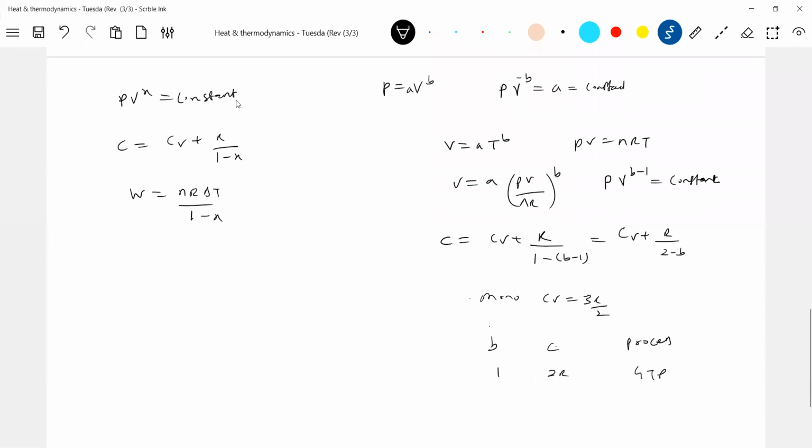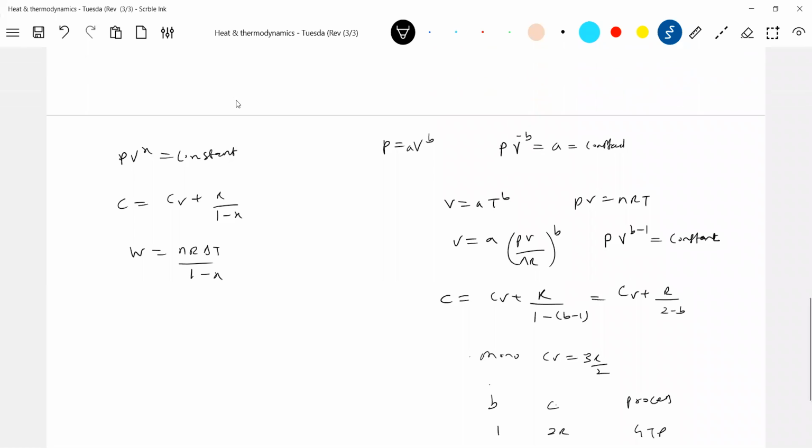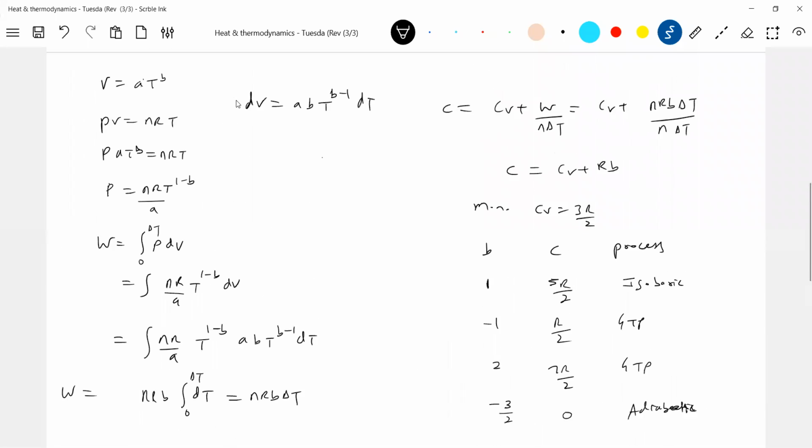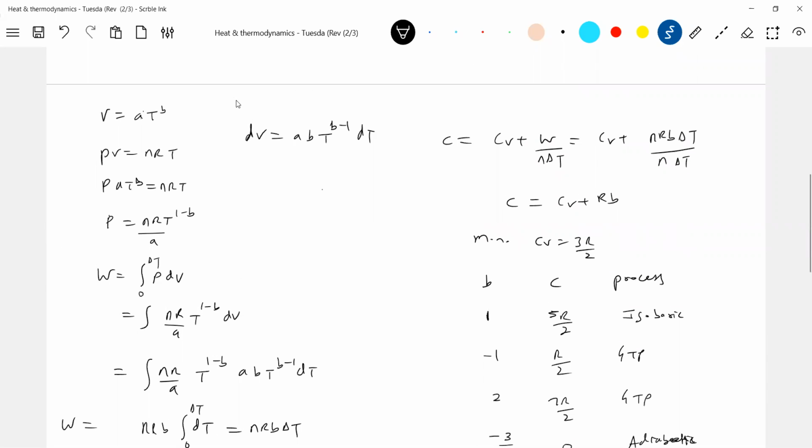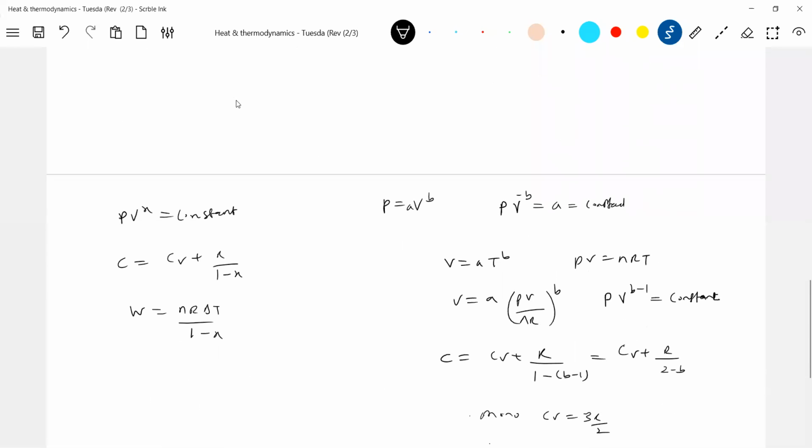We are getting a different thing. b equal to a to power of TB, we are discussing. Put b equal to 1. Total will be 5R by 2, and 3R by 2 becomes 2R.